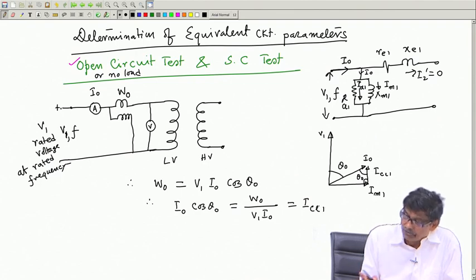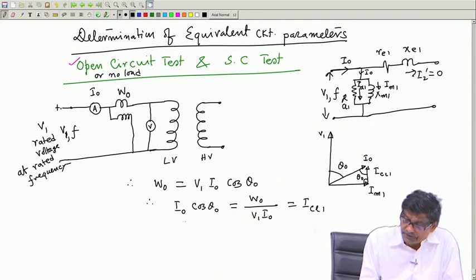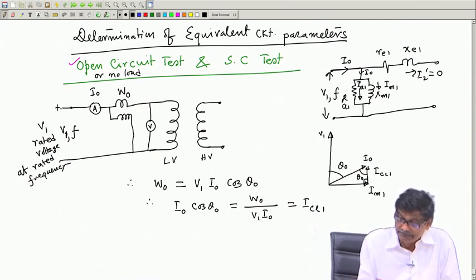Then follow this point very carefully. Some students make a big mistake. It is better you try to calculate IM also, the magnetizing branch, instead of trying to calculate V1 by I naught, which will give you the equivalent impedance, and things become complicated.